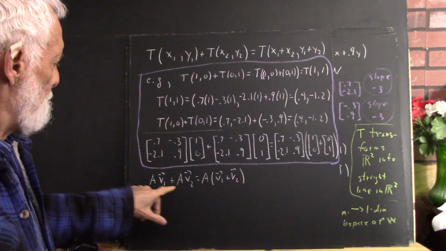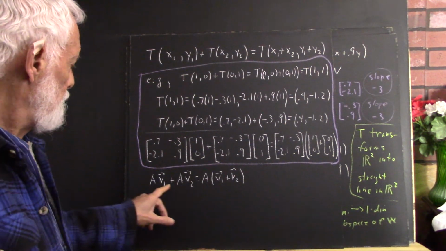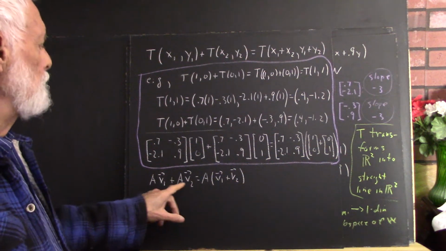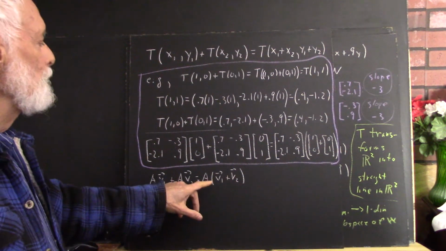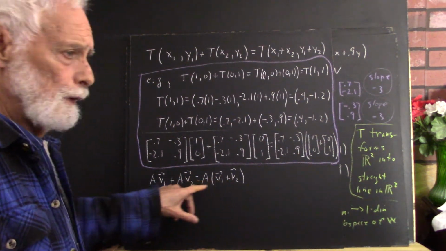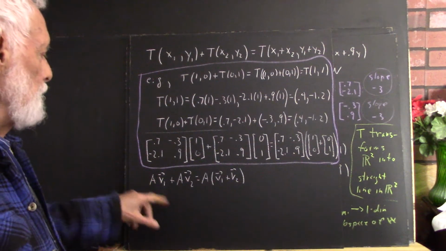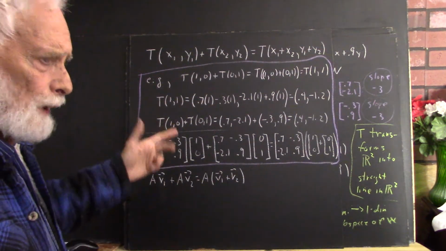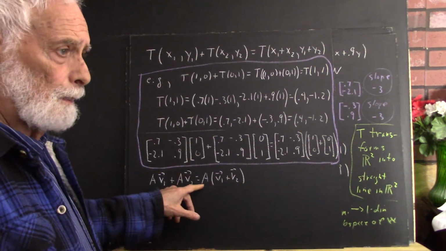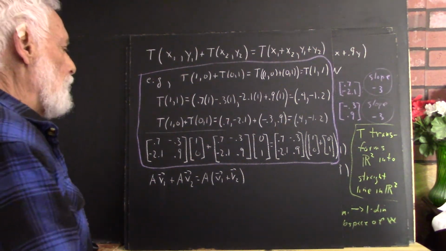And that's the simple property of matrix multiplication that says if you transform V1 and transform V2, it's the same thing as if you add V1 and V2 and then transform it. Or if you multiply V1 by a matrix and V2 by a matrix, it's the same thing if you add V1 and V2 and multiply by the matrix. Okay, so this is a property of linearity.